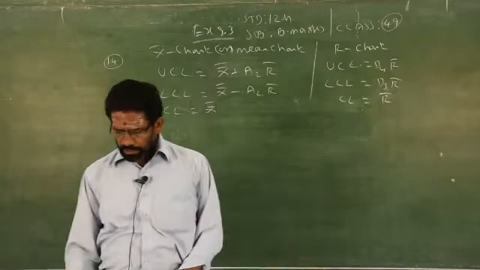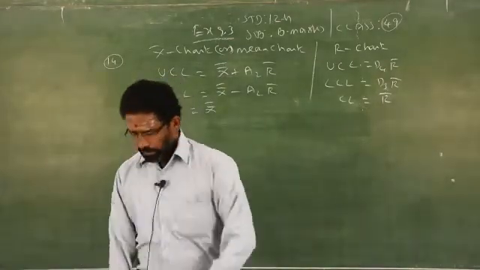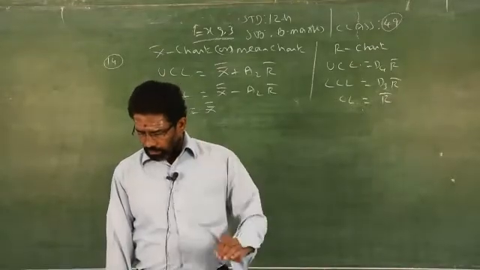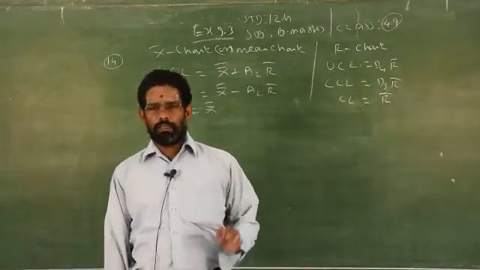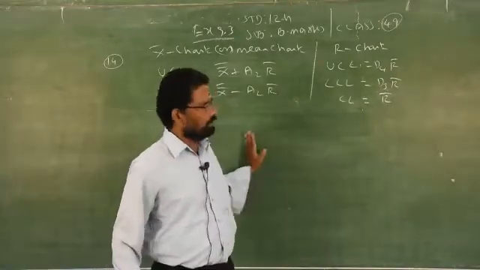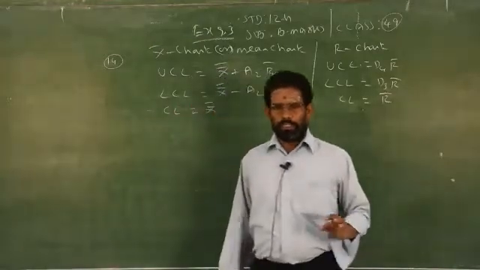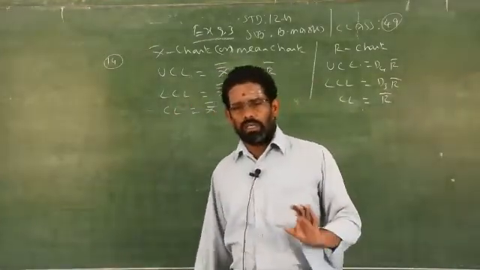When standard deviation and means are given, you have one formula. When standard deviation alone is given, we have another formula. But those two formulas are not used. We are using only these two formulas to find whether the company produces good quality, that is, whether the process is in control or not in control.